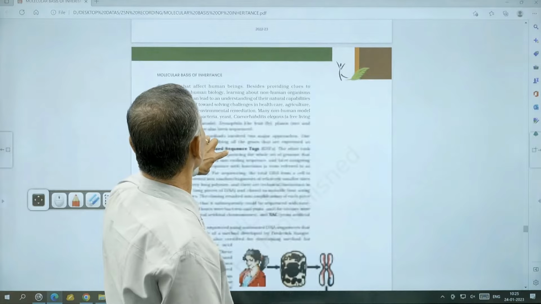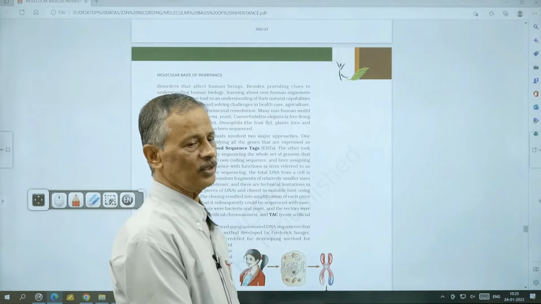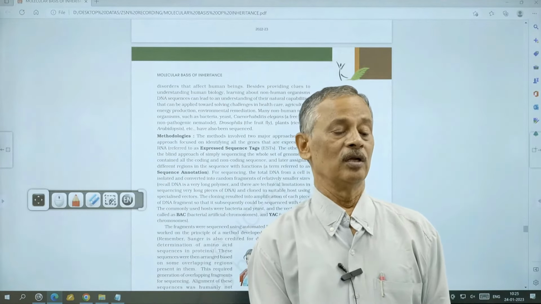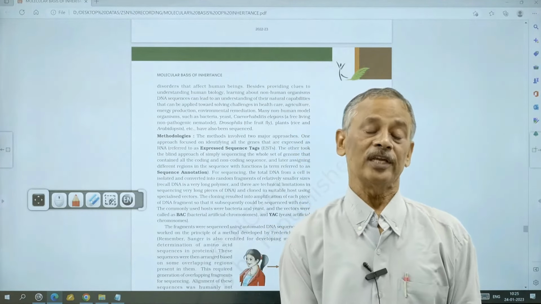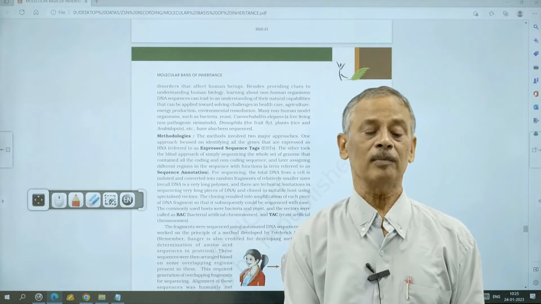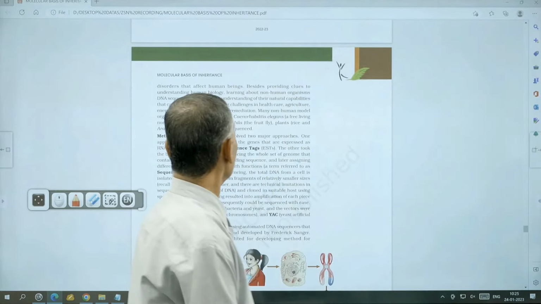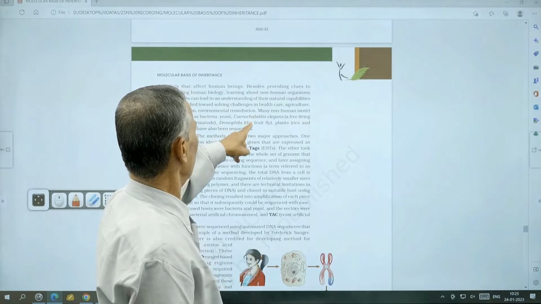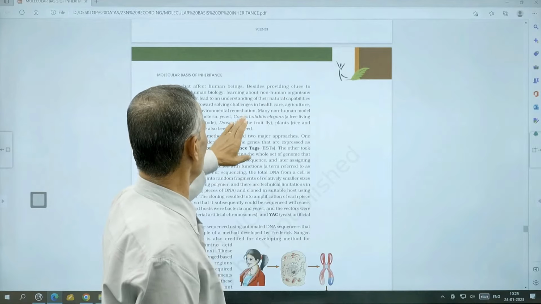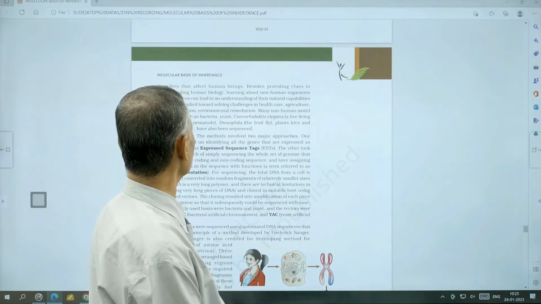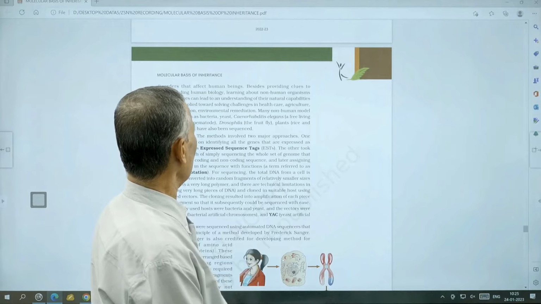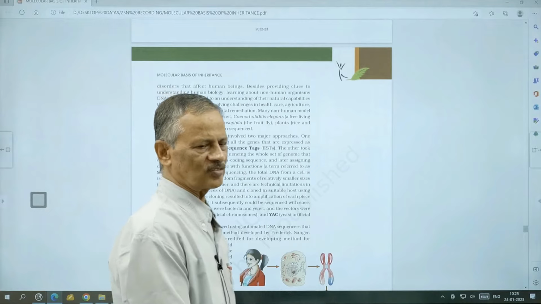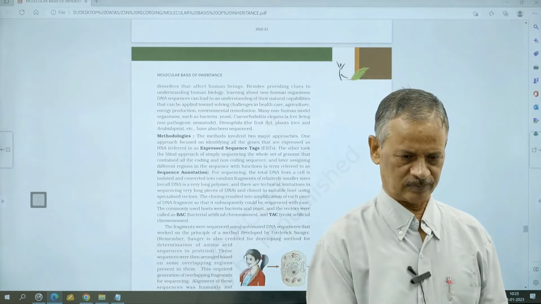Second, not only did we complete the human genome study, but we could also study the genome of a number of other animals, called model animals, and plants. Thus, we studied bacteria, yeast, a free-living non-pathogenic nematode called Caenorhabditis elegans, Drosophila, plants like rice and Arabidopsis, etc. They have also been successfully sequenced.